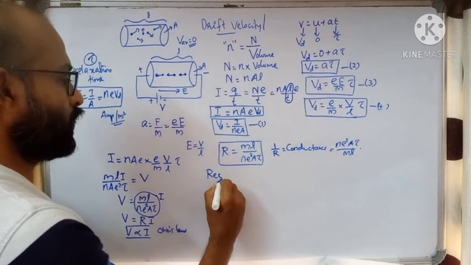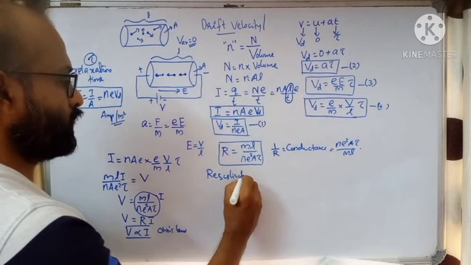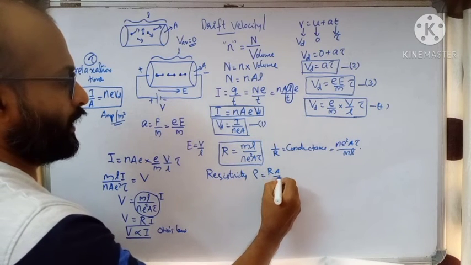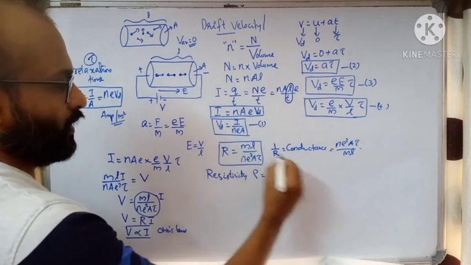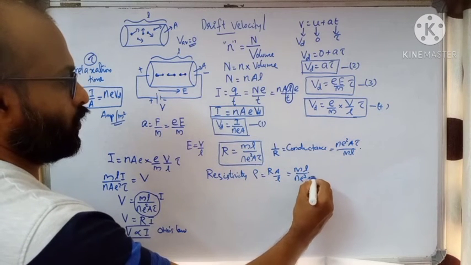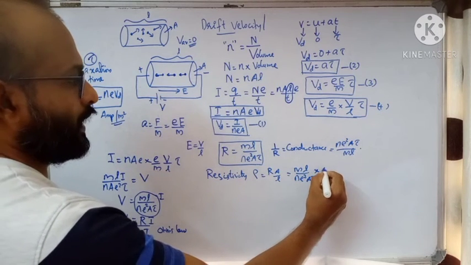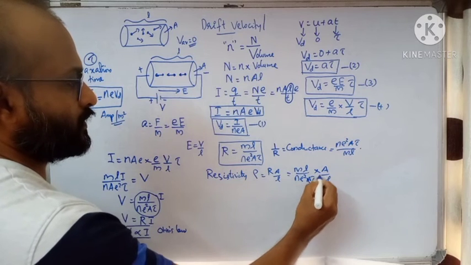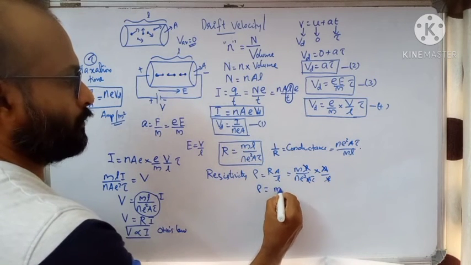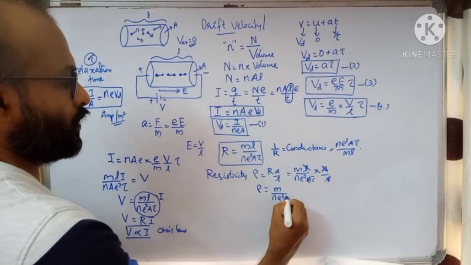Now we need resistivity. We know the equation of resistivity. Resistivity has the symbol rho. Rho is equal to R into A by l. So this is R, ml by ne square A tau, into A by l. So A cancels, l also cancels. What is left? Rho is equal to m by ne square tau.